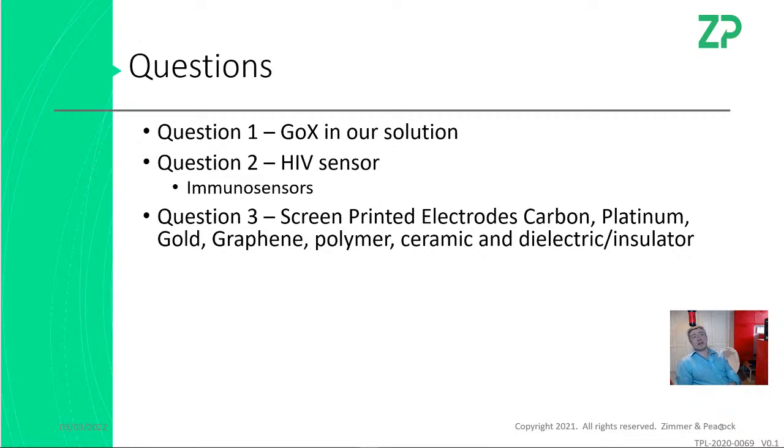I prefer PET in the end because everything we do at Zimmer & Peacock is with the mind that one day it's going to be on the market, and PET is lower cost. They were also inquiring about the colors on these screen printed electrodes, and the colors that you often see are the insulator or the dielectric. Some people call them dielectric, some people call them insulators, but that's what the colored materials are. We'll cover that as well.